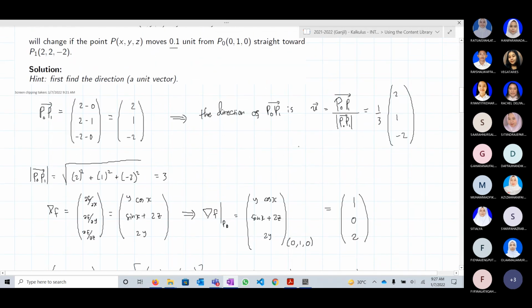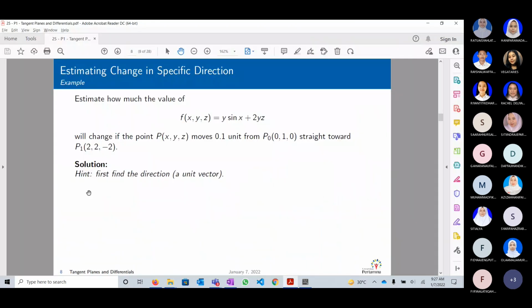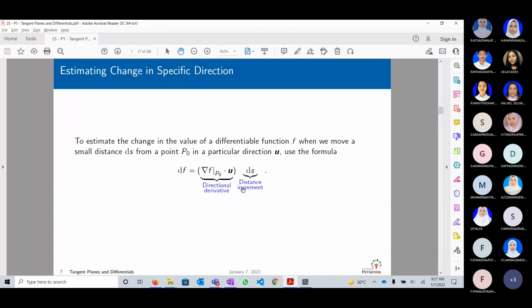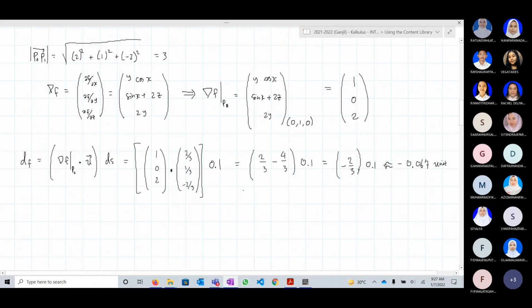Kemudian kita cari gradien dari f di titik tersebut, ternyata (1, 0, 2). Baru kemudian kita masukkan rumusnya. Selesai. Any question? Ada pertanyaan?